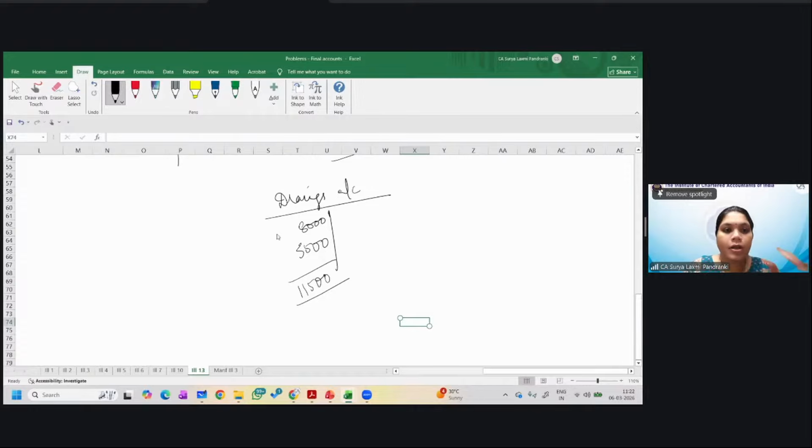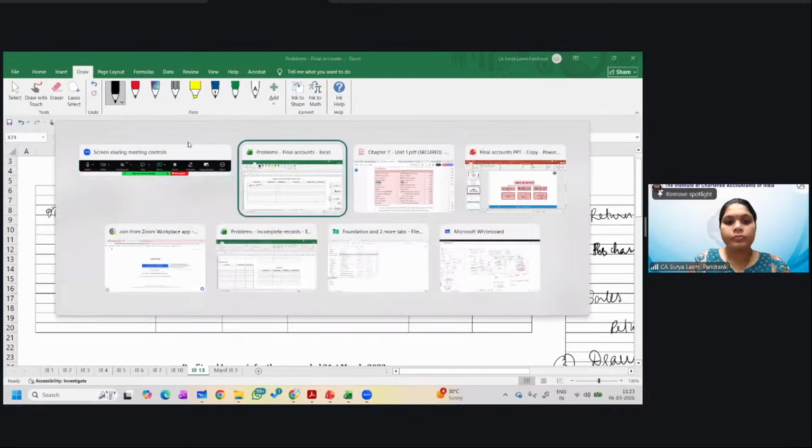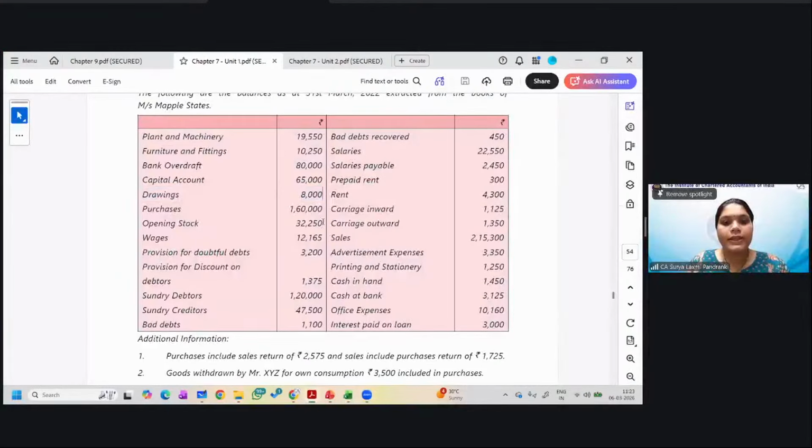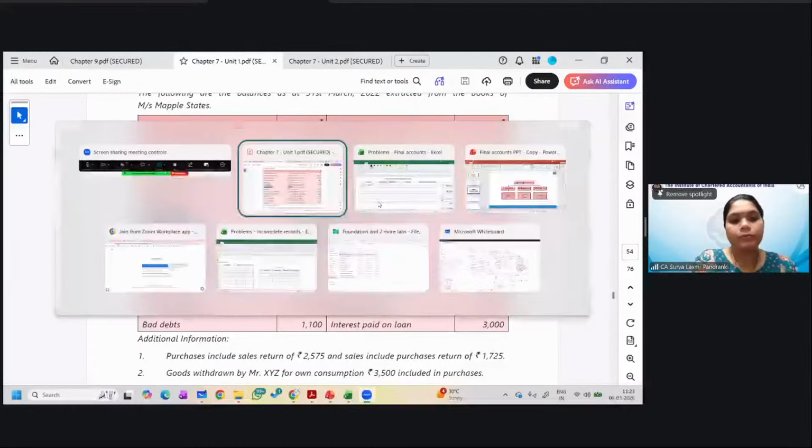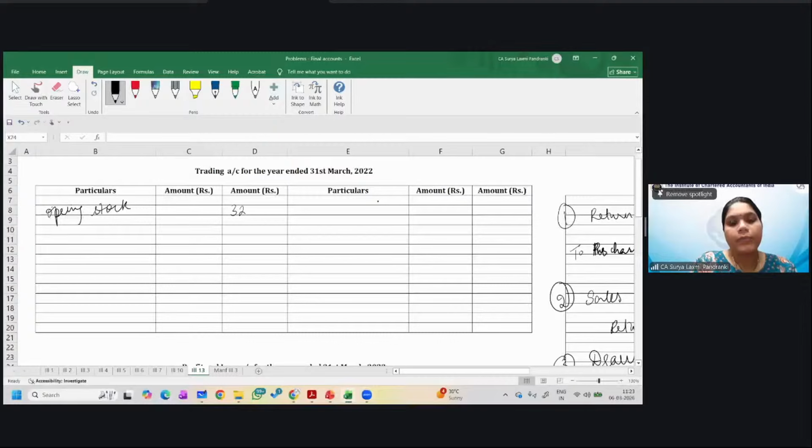How much is the opening stock? Is it given in the question? Check for opening stock. Yeah, it is given here. Opening stock 32,250. Okay. Next one is purchases.